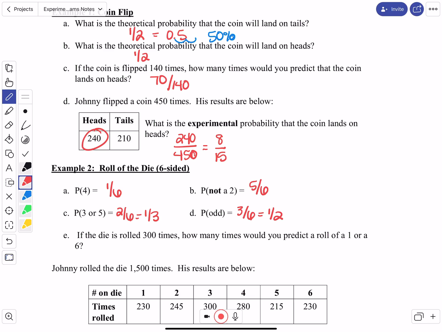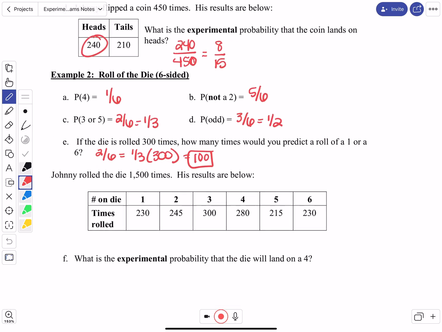If the die is rolled 300 times, how many times would you predict a roll of a 1 or a 6? Well, that's 2 out of your 6 numbers, so that's 1/3. And you would want to multiply that 1/3 times 300, which would be 100. Now, that was all theoretical.